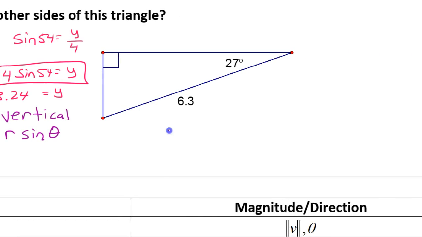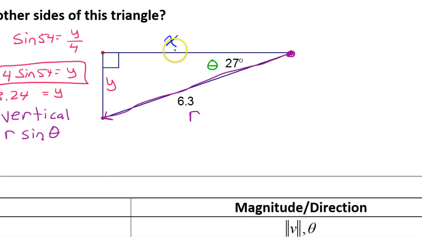Okay? Look at this problem. Let's see if we can use the shortcut that we just learned to find the missing sides, the horizontal component and the vertical component. Now look at this point right here. Imagine that this is the center of a large circle. That would make this hypotenuse the radius of that circle.